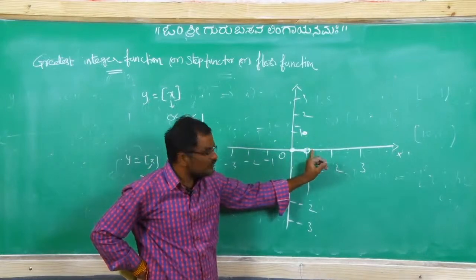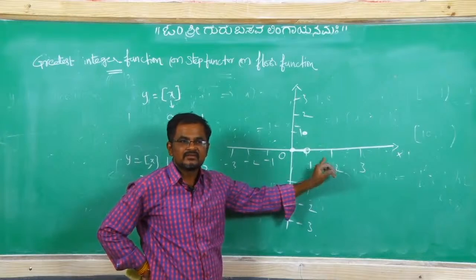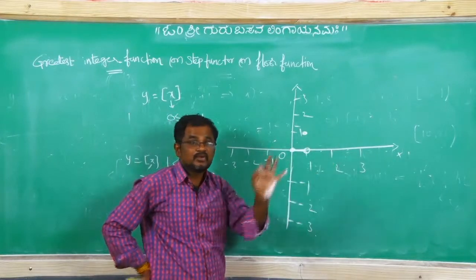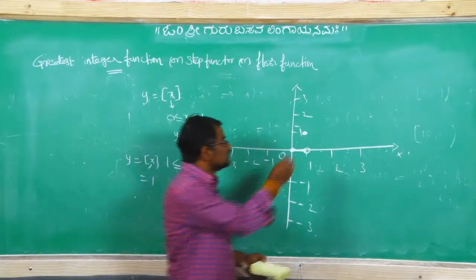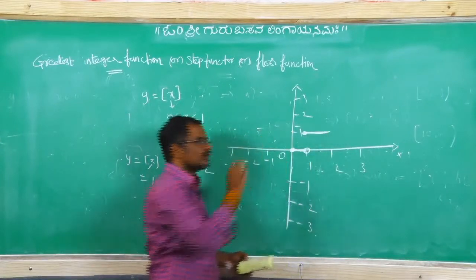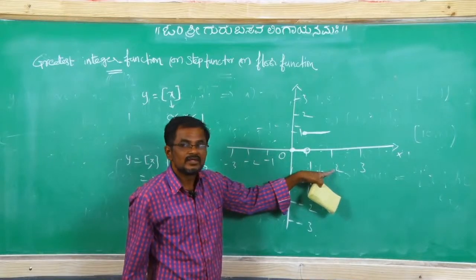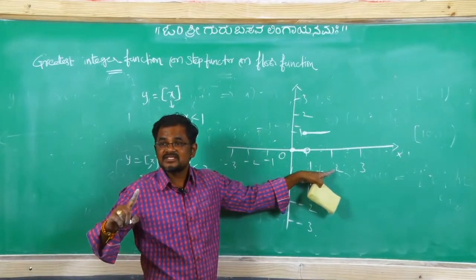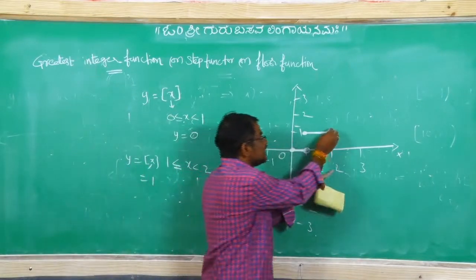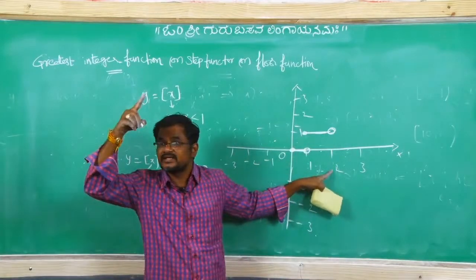Now step of 1.1 is 1, 1.2, 1.3, up to 1.9, 1 only, or not, year to year 1 only you will get, okay. But whenever x equal to 2, step x value is 2, means here you won't get the point, or not. Where will you get?